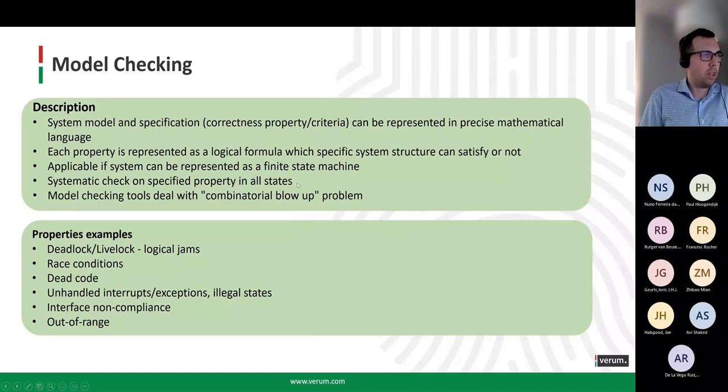The idea of model checking is to use our properties expressed as a logical task to check each specific part of our system, whether it meets the property task.